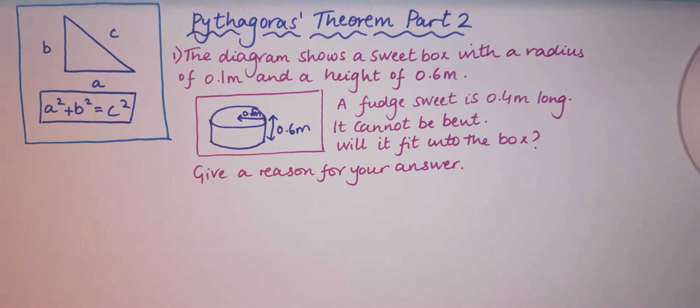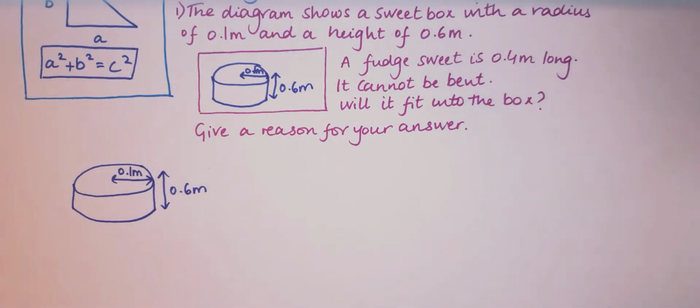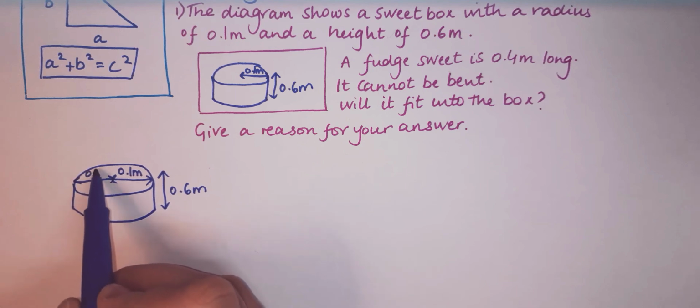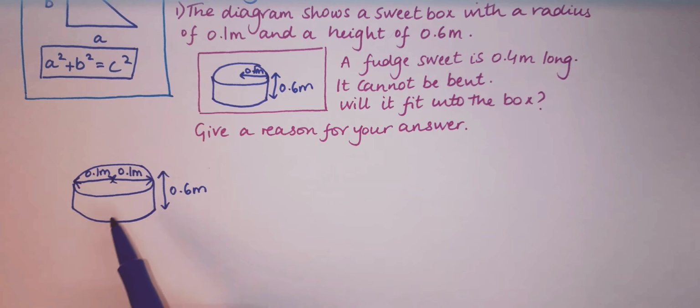So first of all, we can redraw this diagram, a bigger version of what they've given us. If we extend this radius and make it into the diameter, the whole box is 0.2 meters this way.